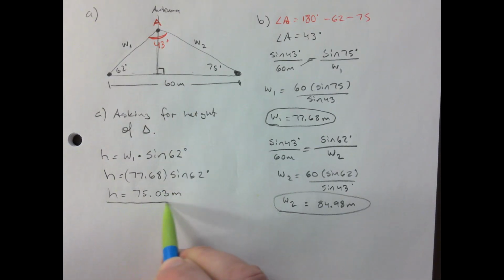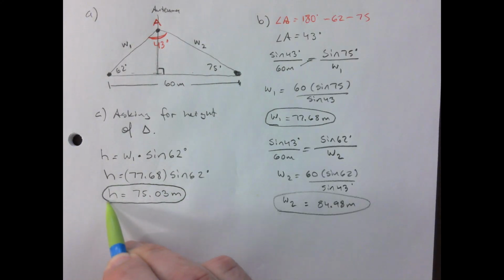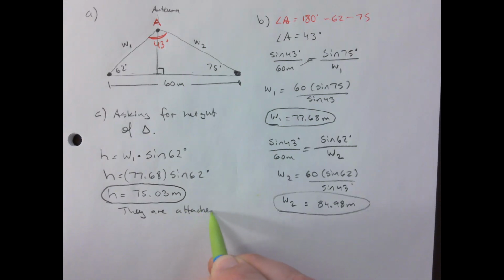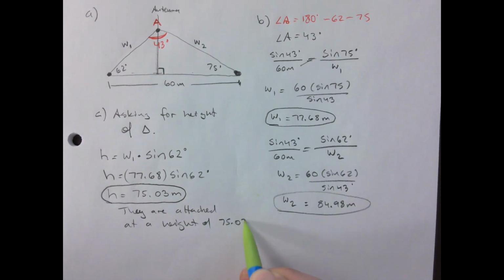So that's not necessarily the height of the tower, it's just how high up the tower these wires are attached. Okay? They are attached at a height of 75.03 meters above ground.